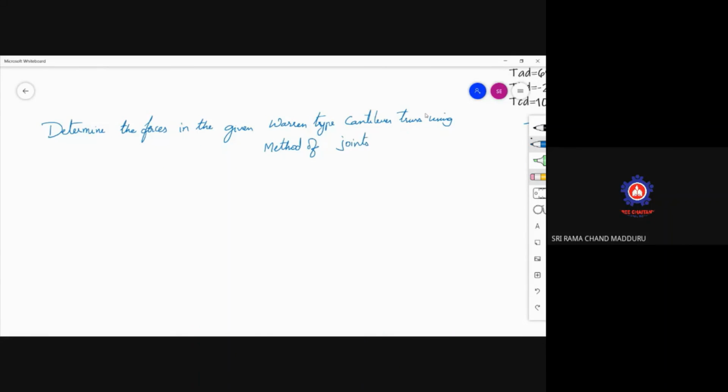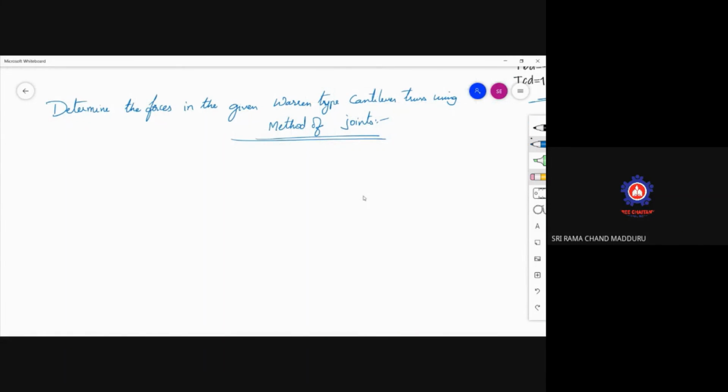I'm not saying you to do as per method of section, method of tension coefficients. Please do this problem using method of joints. And we will check these answers with the method of tension coefficient later. Whatever the method you are following, the answers should be the same.